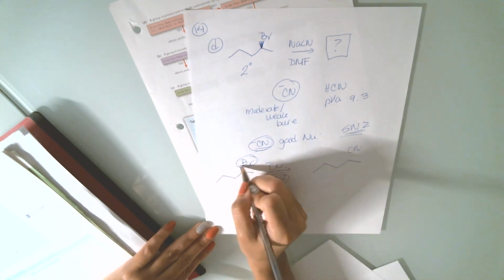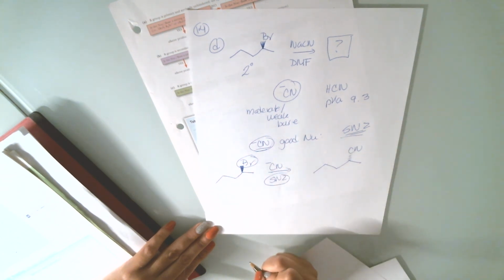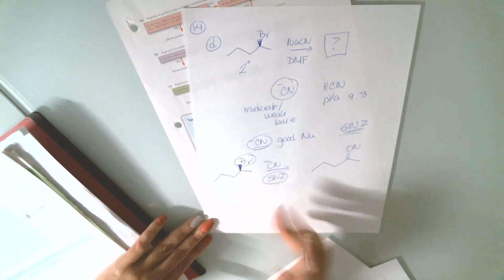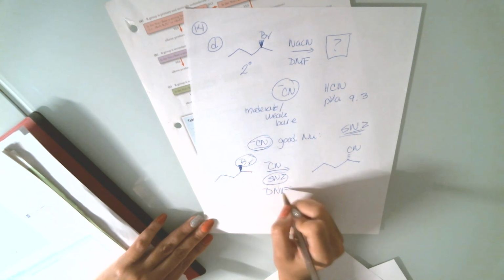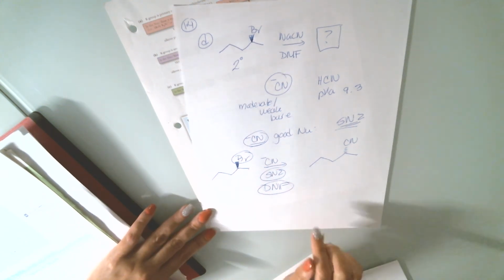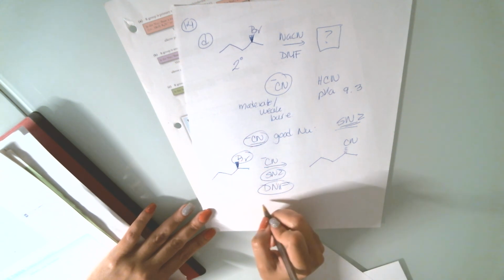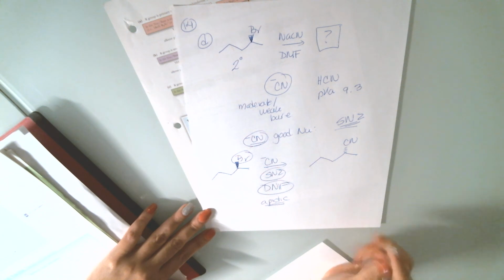So instead of coming from the front, it will be now at the back. And this is a solvent, DMF, and this solvent is a polar aprotic solvent, and that helps out the SN2 reactions.